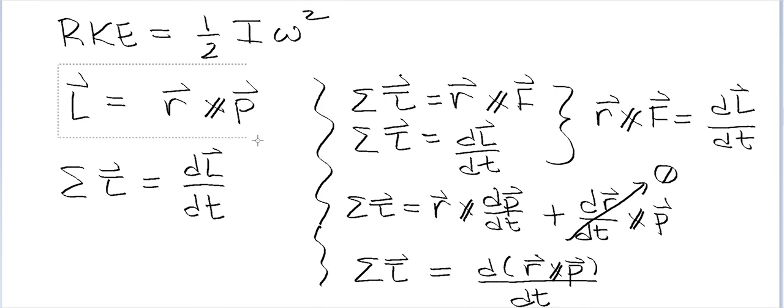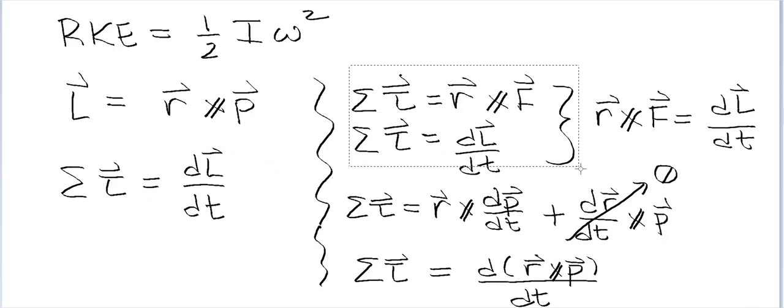We could describe the angular momentum as r cross p. We also have this other way of describing Newton's second law, or at least Newton's second law for rotation, that the sum of the torques is equal to the first time derivative of the angular momentum.